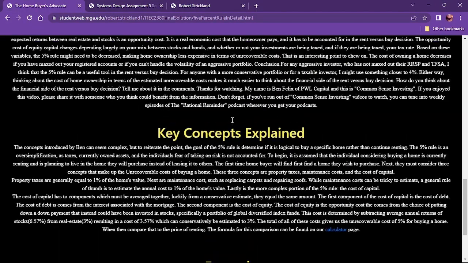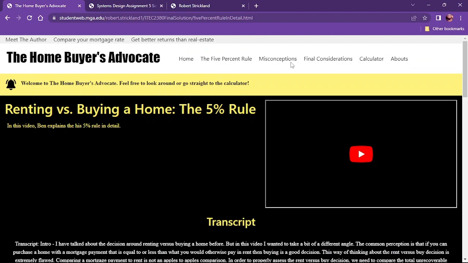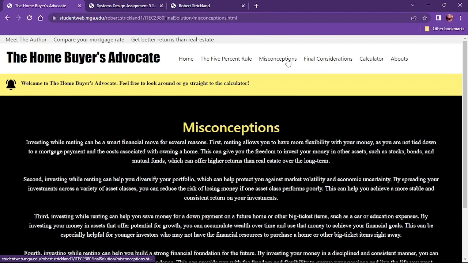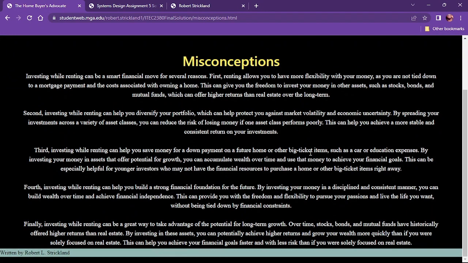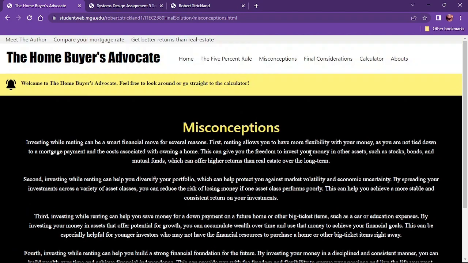All right, and we shall return back here. Next is the misconceptions page. It's just set to give you more information and to get rid of some misconceptions associated with buying a home, such as the most logical thing to do is to live in a cheaper apartment or home and take the difference that you would have been paying towards a mortgage and just invest that into total market index funds.